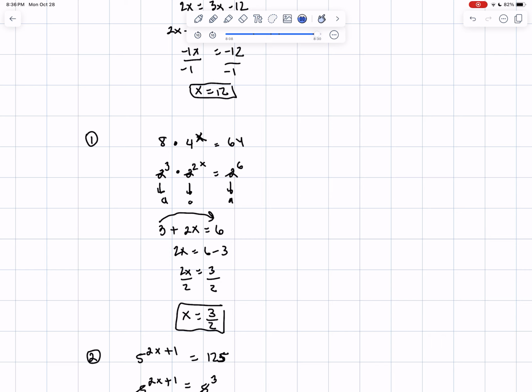If I were to put the 3 over 2 in the x position next to the 4, and do the math on the left-hand side, it should be equal to 64. If both sides are 64, we know that our answer is correct. So that is section 5.2 on solving type 1 exponential equations.